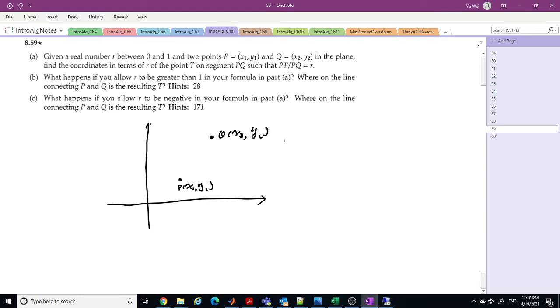Okay, so we want to find some point T such that PT over PQ equals r, where r is between 0 and 1. So we want to find PT and PQ, right?